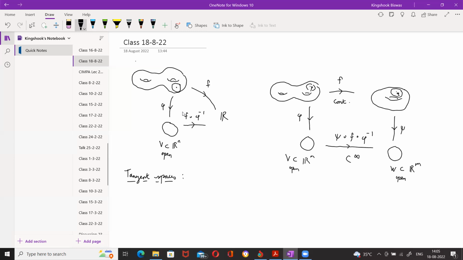If your manifold is embedded inside some Rn, for example the sphere S2 in R3, then it's easy to define the tangent space.